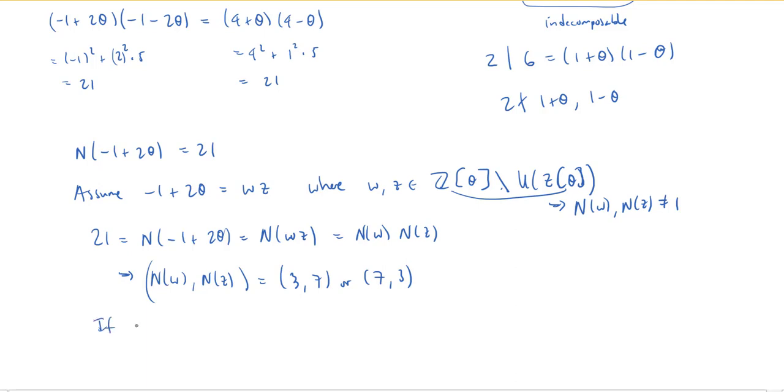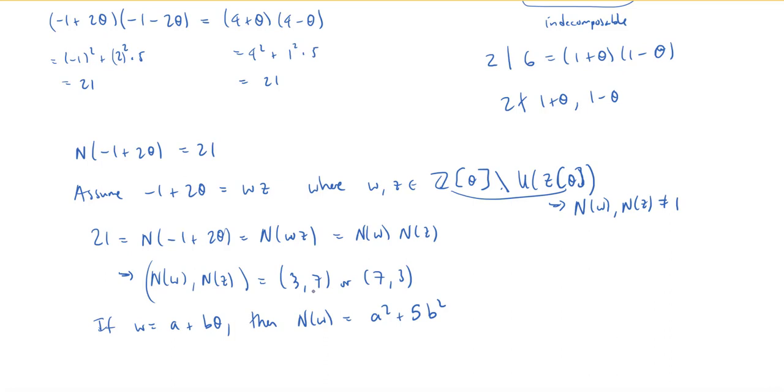So if W is equal to A plus B theta, then the norm of W is equal to A squared plus 5B squared. And is it possible for such a number, A squared plus 5B squared, to equal 3 or 7? I claim the answer is no. In fact, once we show that it can't be 3, it won't matter whether it could be 7, because we need one of these to be 3. So let's try showing that this is not equal to 3.